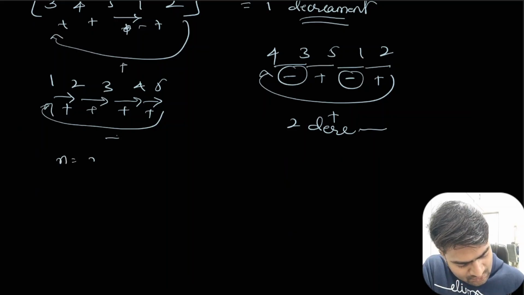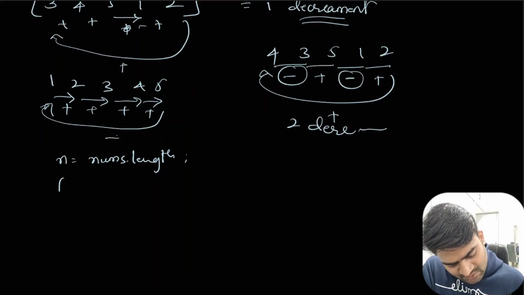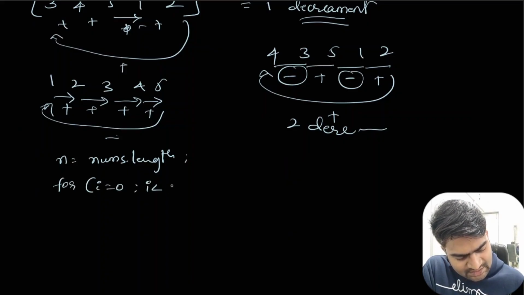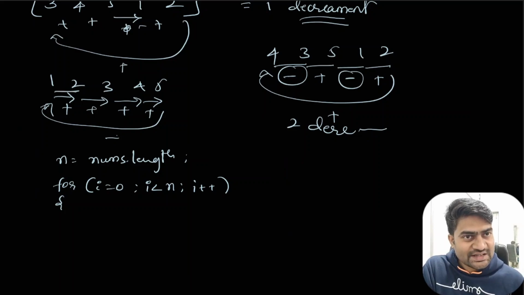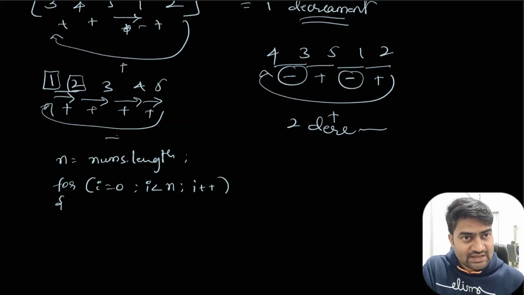Let n equal nums dot length. I will use a for loop for i equal to 0, i less than n, i plus plus. Now how do you check whether there is a decrement or not? You will take the next element and compare it with the current element.